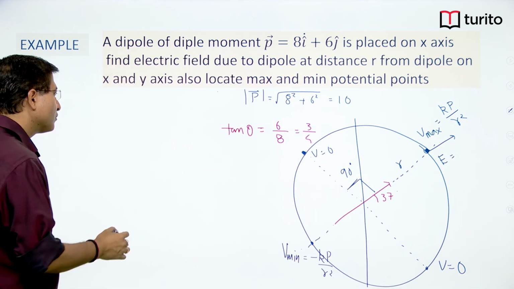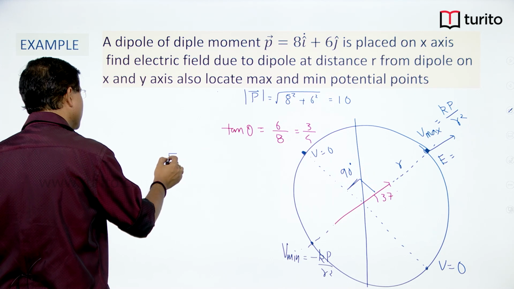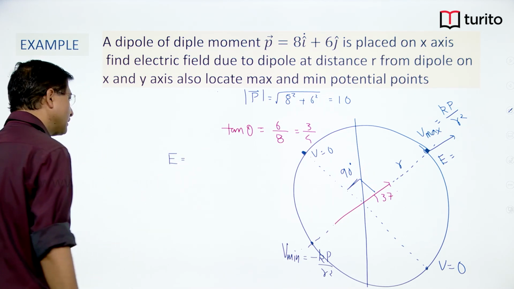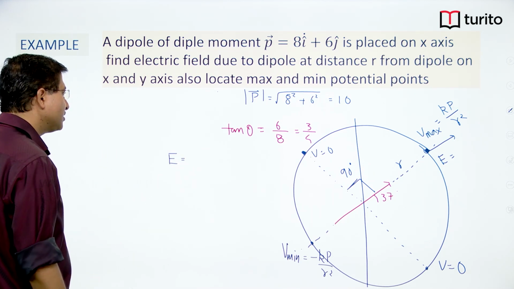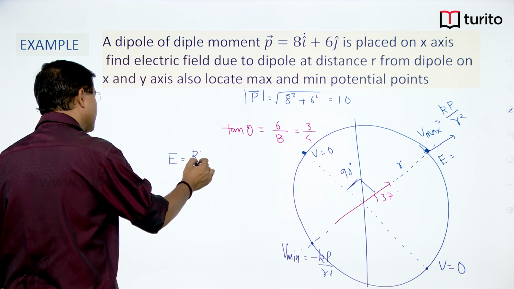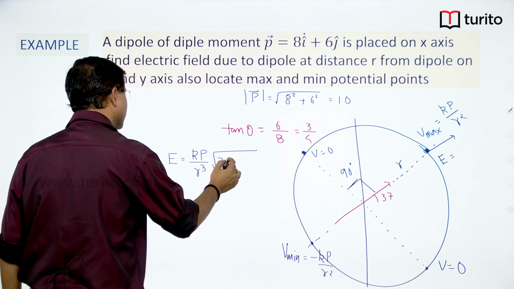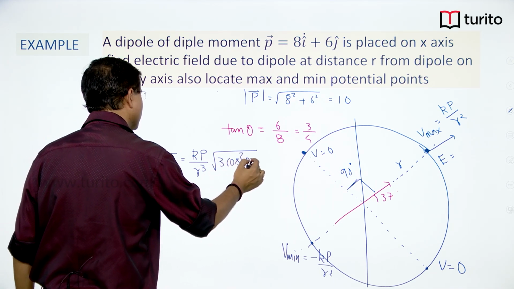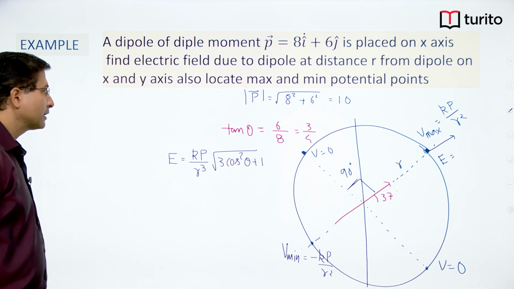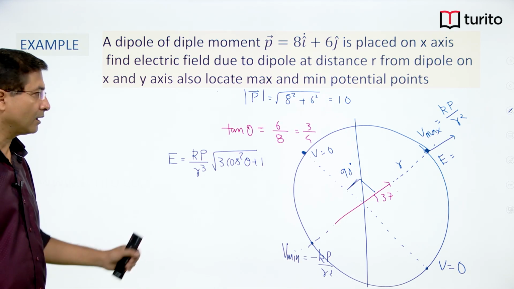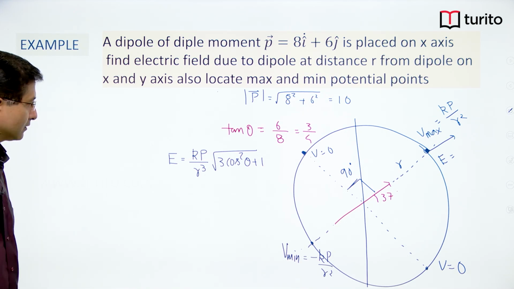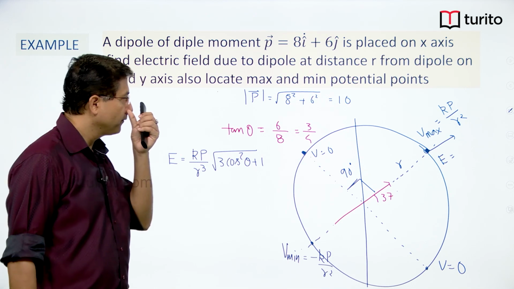With respect to the dipole moment, if the r vector is making angle theta, then the formula is Kp over r cube times under root 3 cos square theta plus 1. This was the formula we derived for field.